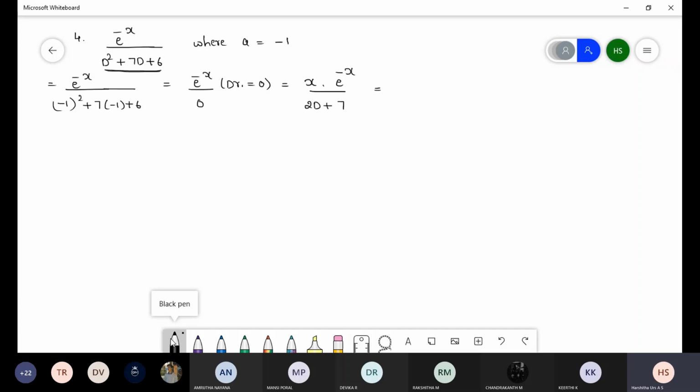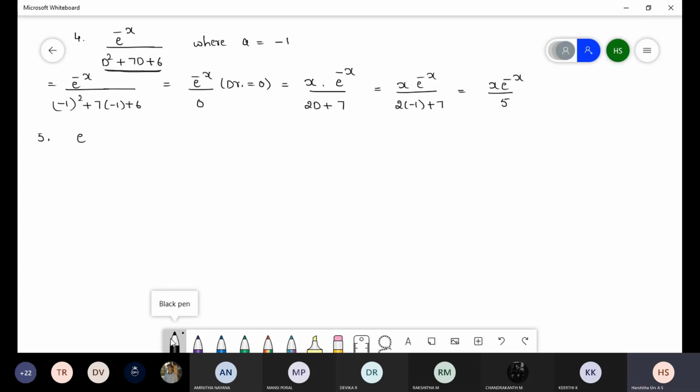Now again we substitute D is equal to a, so x into e power minus x divided by 2 into minus 1 plus 7. So x into e power minus x divided by minus 2 plus 7, which is 5. This is the answer.